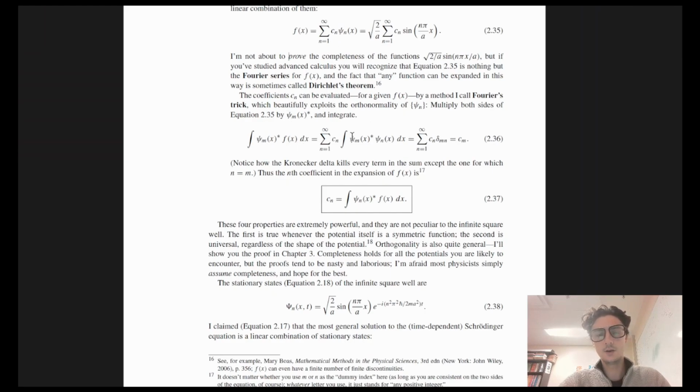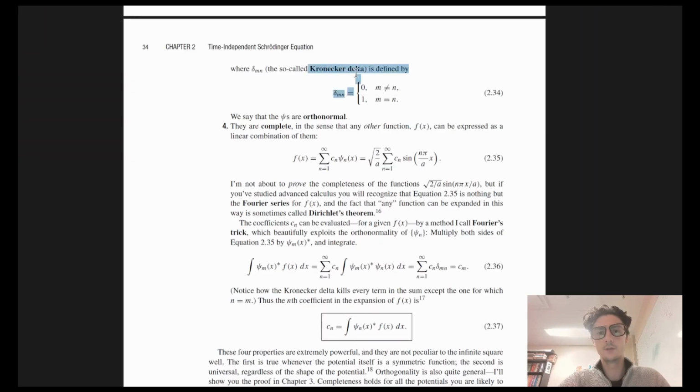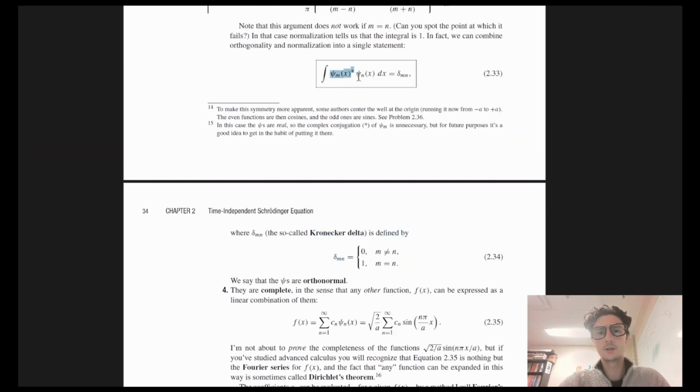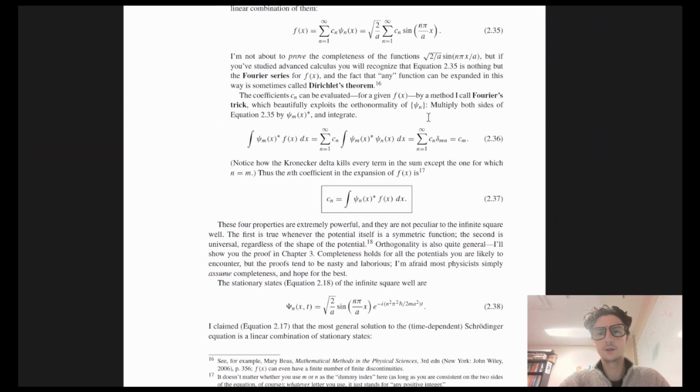Then in here we have a psi m. Since the c n's are constant with respect to dx, we can pull them out, but we still have the summation sign. Then this integral gives us the Kronecker delta, which was introduced earlier. Since we see this thing here, we can replace it with the Kronecker delta.